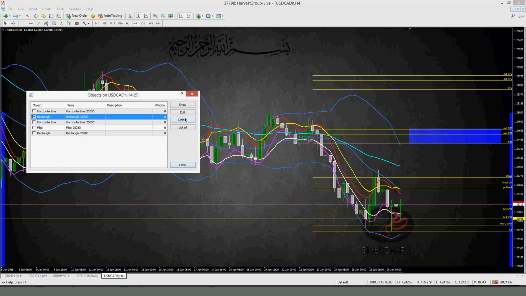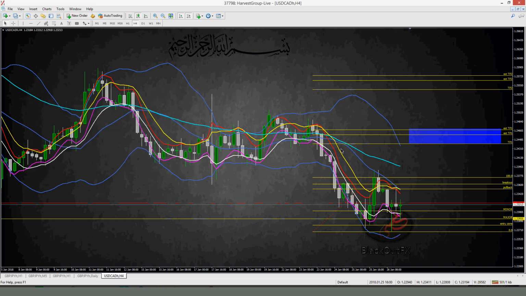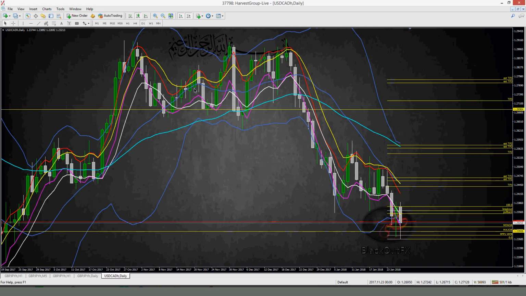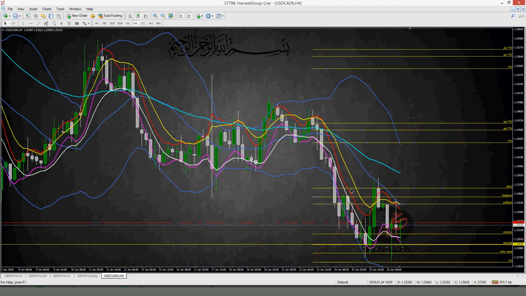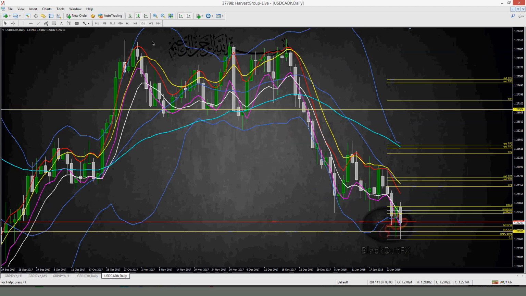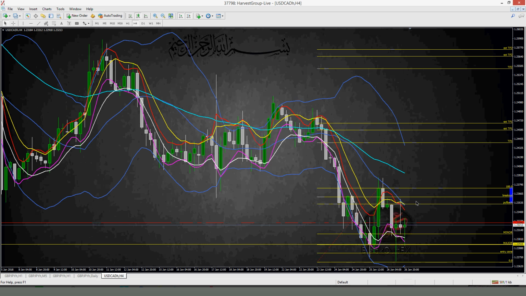Okay, so TP1 area would be at, hang on, I lost that box. Okay, so if I go to D1, something's going wrong here.